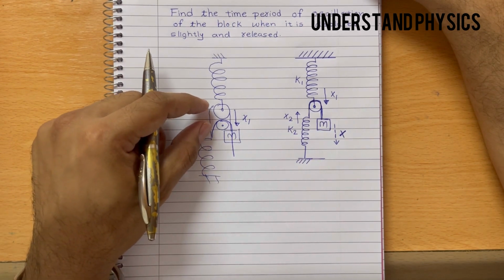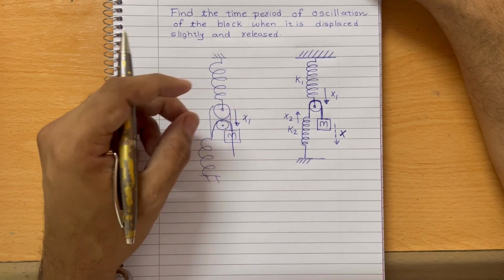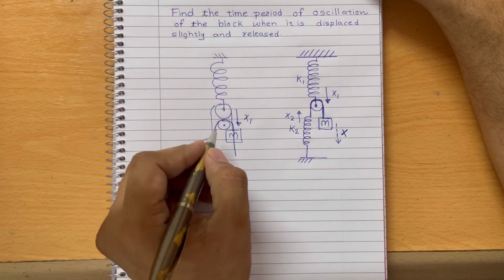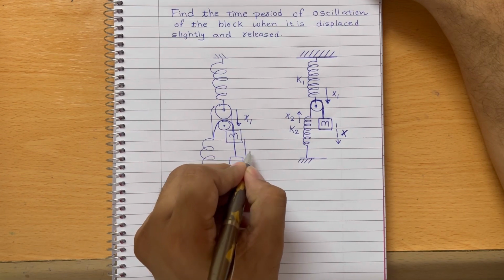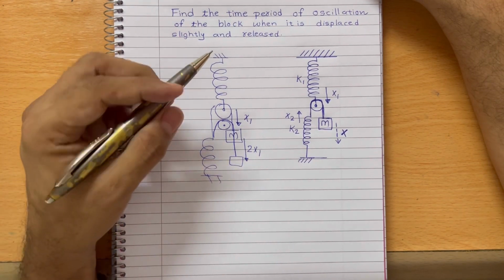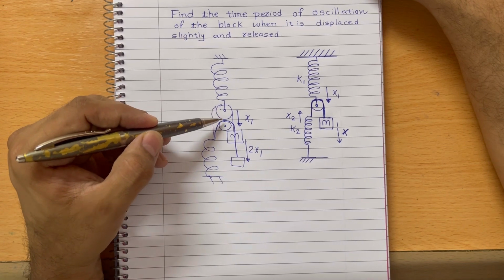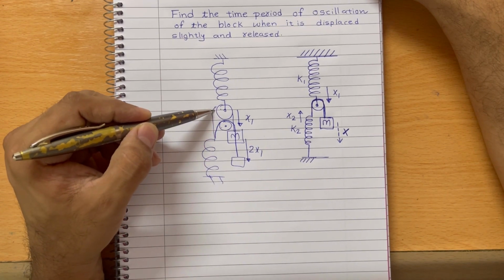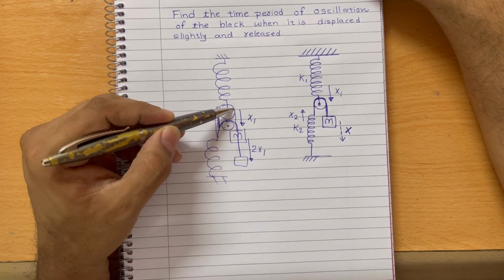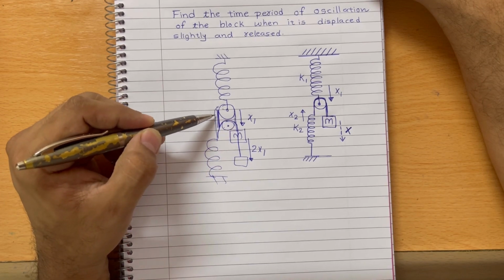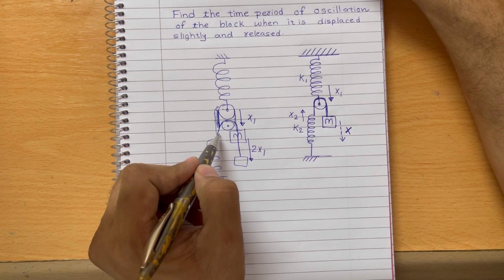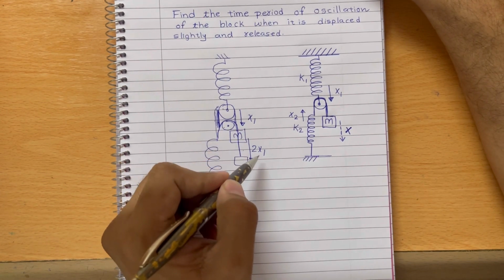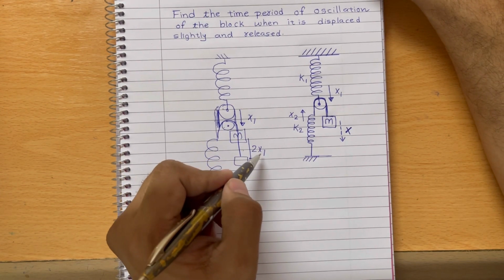From this side x1 meters and from this side x1 meter, the string will be shifted this side. So you can understand that this block should go down by 2x1 meters. First understand this. If the pulley goes down by x1 meters, the string from this side and from this side, x1 and this x1, that is 2x1, that string will be shifted on this side. So the block will go down by 2x1.